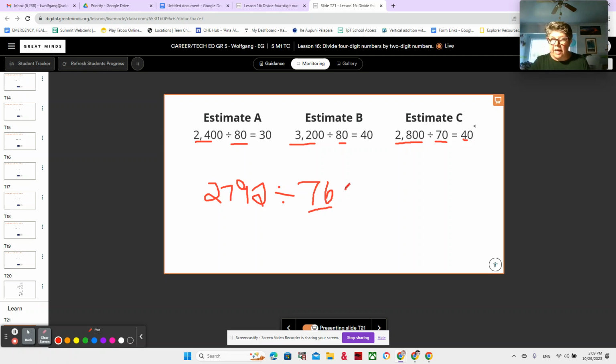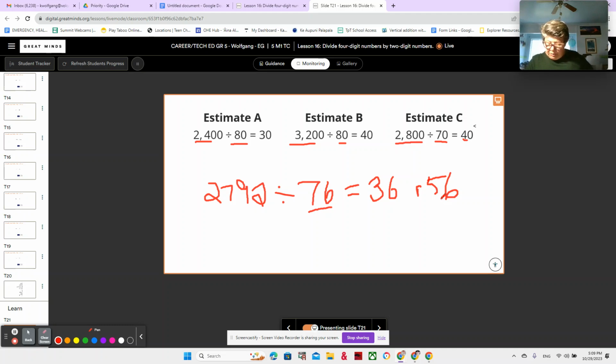Well, guess what? The actual quotient is 36. So it is right between the two. And there's a remainder of 56. Okay? Each of the estimates is helpful in some way. We could use other helpful estimates as well.